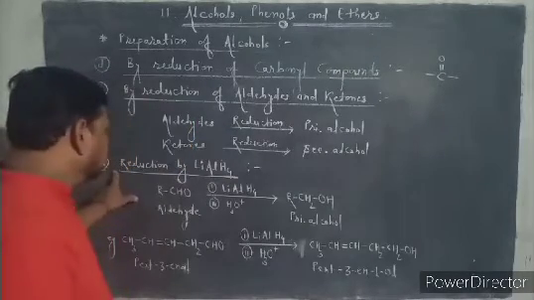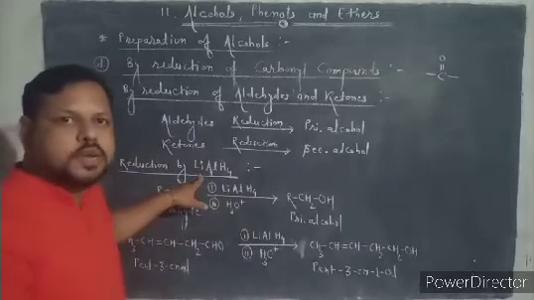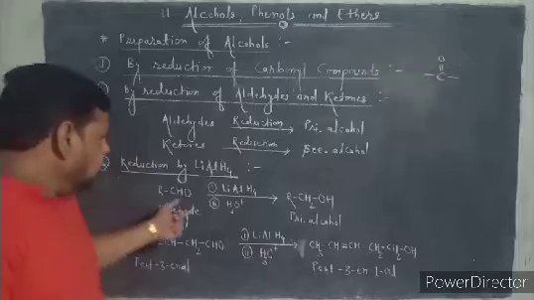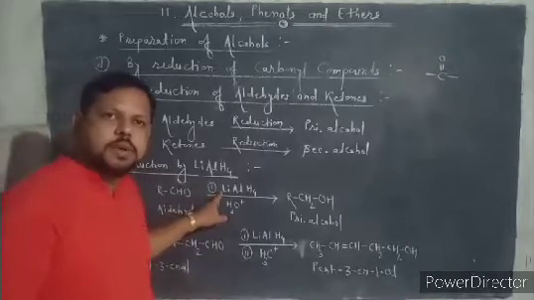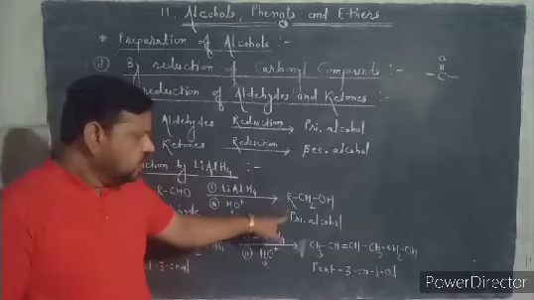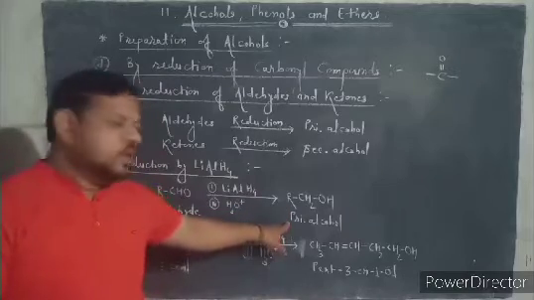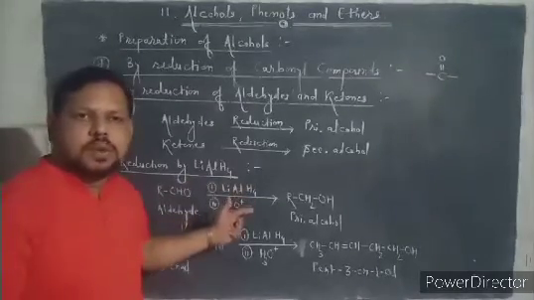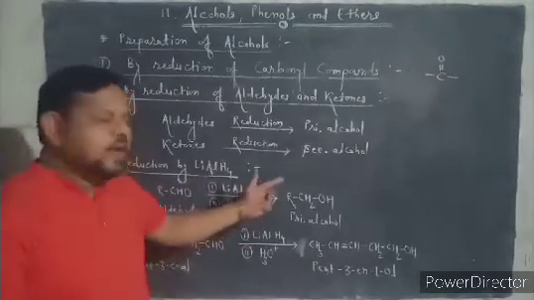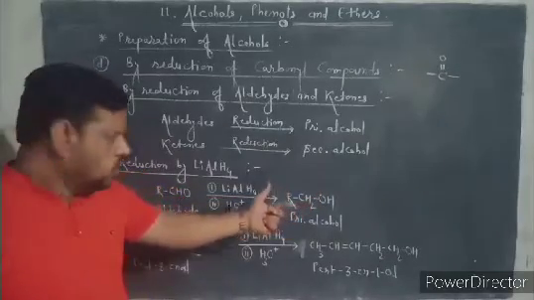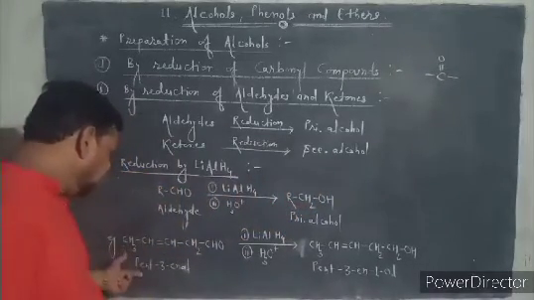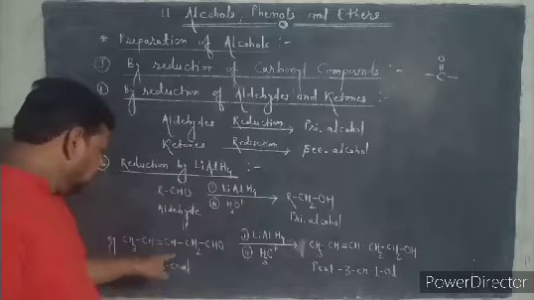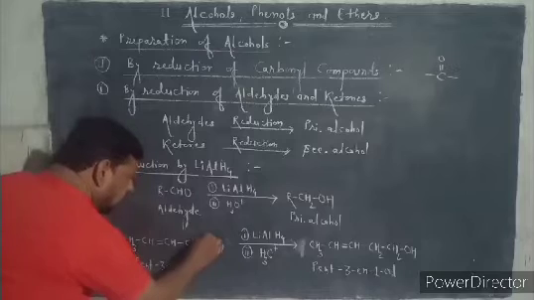Then second method, reduction by lithium aluminium hydride. In this method, aldehydes on reduction with lithium aluminium hydride and hydronium ion give the primary alcohol. Same, ketone is also reduced by lithium aluminium hydride and hydronium ion, and it gives the secondary alcohol. For example, see here, pent-3-enal.